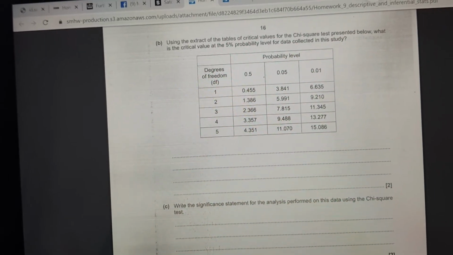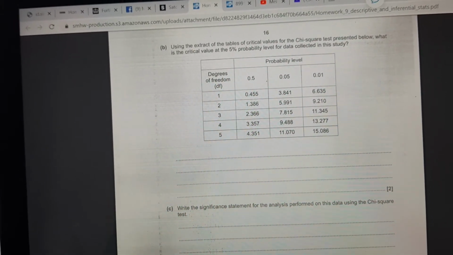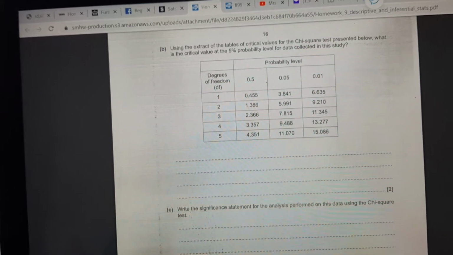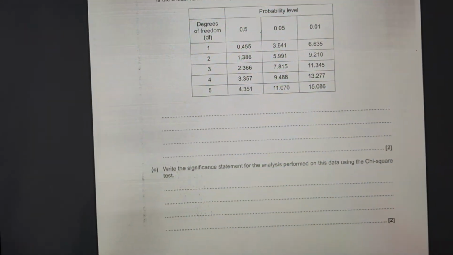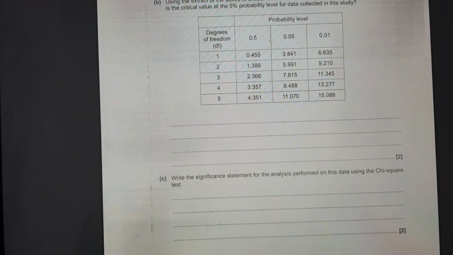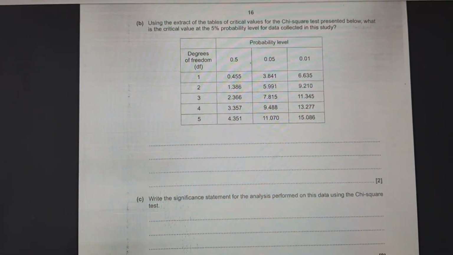And then you need to remember to work to 0.05. So to get the marks on that question, you need to show how you've got your degrees of freedom, then explain you're working to 0.05 probability and what the actual critical value in the table is.